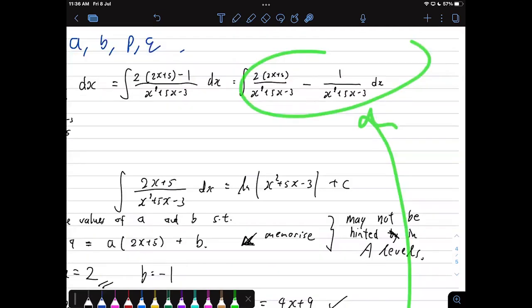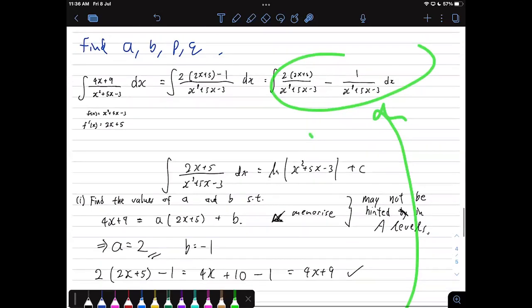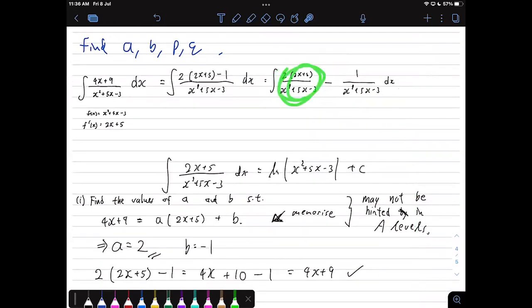We can ignore the working before already. Just deal with this. How do you integrate this? I notice there's a 2 here. Let's just take it out. So this will just be equal to 2 times the integral of this bunch here, dx. I haven't split up yet.